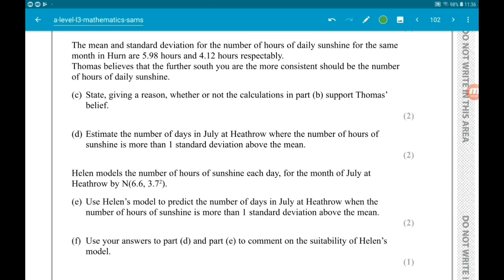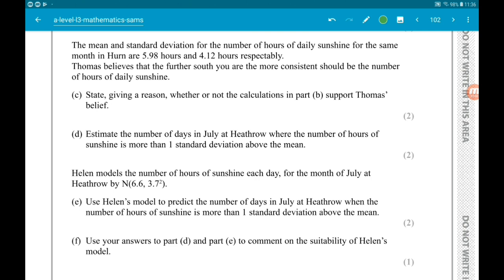Part C: state, giving a reason, whether or not the calculations in part B support Thomas's belief. You do also need to know for this that Perpignan is south of Heathrow.